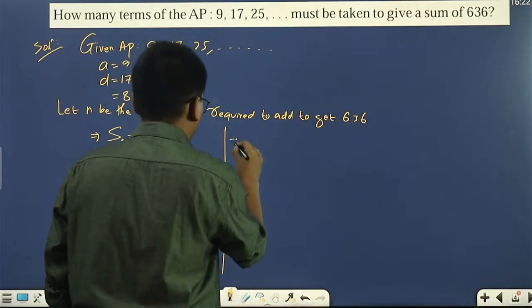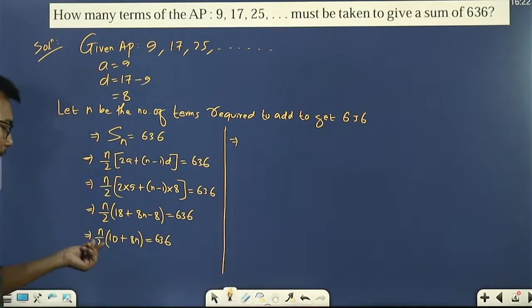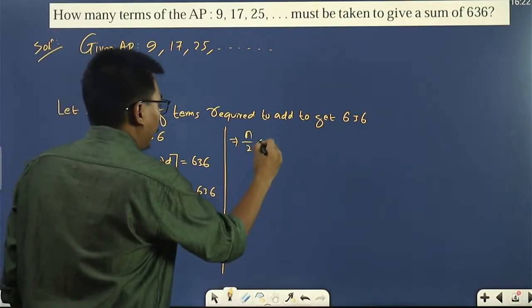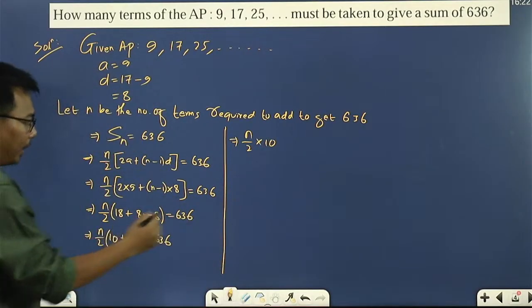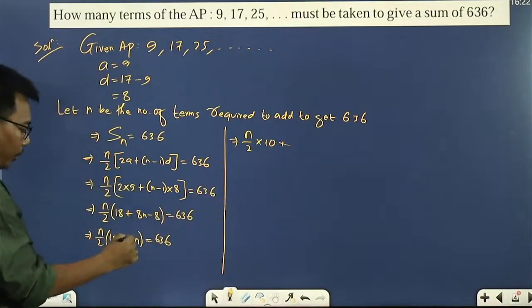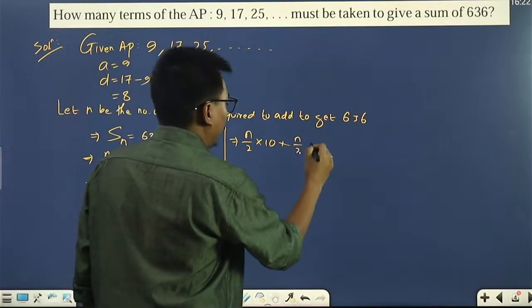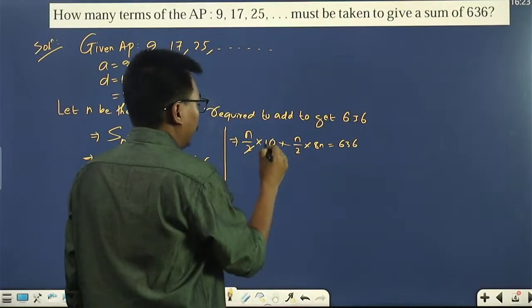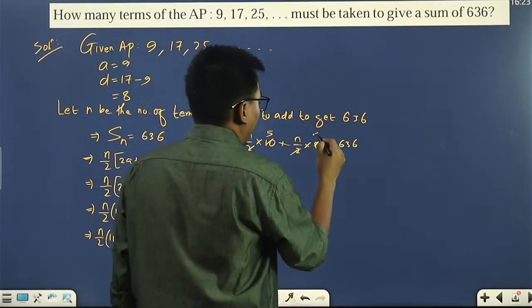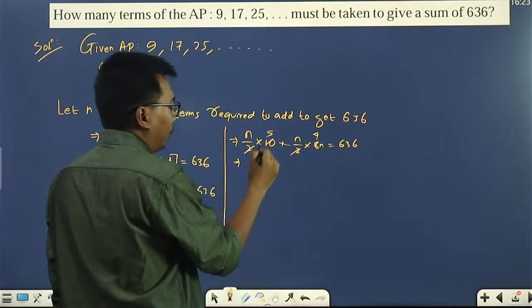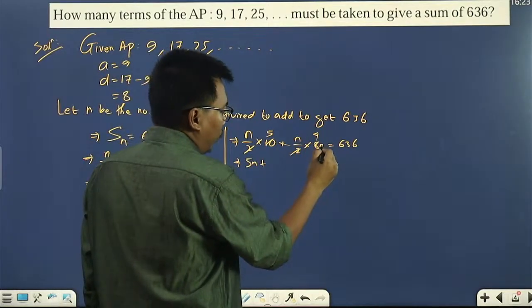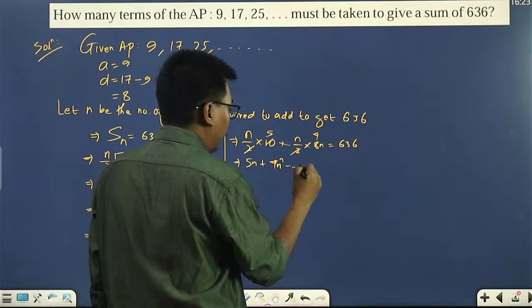Let's break this more. We'll multiply this n by 2 and distribute: n by 2 into 10 plus n by 2 into 8n equal to 636. We'll get 5 here and 4 here. n into 5 will be 5n, n into 4 into n will be 4n square.